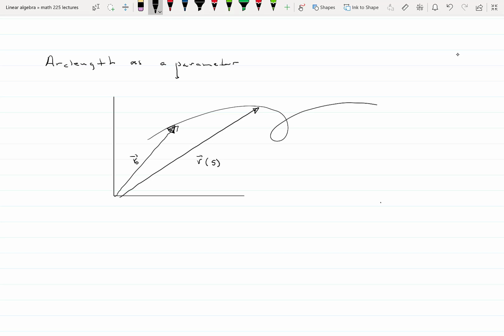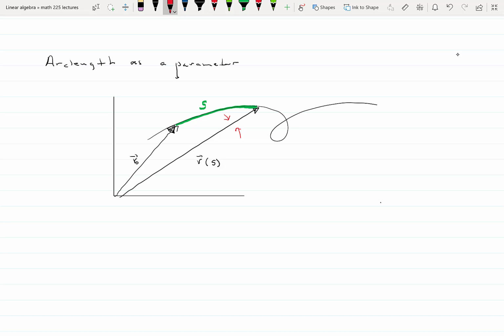So if the green arc length here is known, s, I would like to be able to find this red position vector as a function of how far I've traveled along the curve.